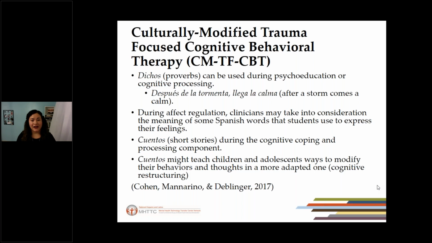In our culture, we have different kinds of dichos that help people feel inspired and empowered, and feel that yes, I can go through this, I can beat this, I am stronger than this. One we use frequently is "después de la tormenta llega la calma." I know sometimes it's difficult to translate some of the dichos into English, so this is the best that I did: after a storm comes a calm.